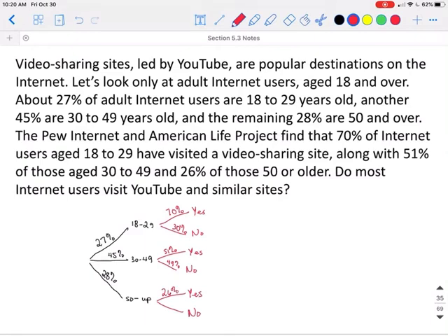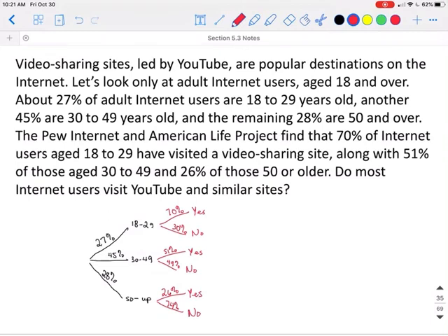And 26% of people who are 50 and older visit video sharing sites, while 74% do not. So do most internet users visit YouTube and other similar sites?